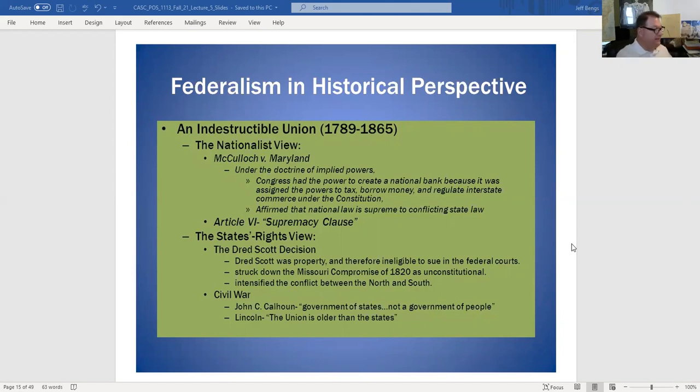Starting on page 76, the bottom section where a completely new section is beginning with national and state power over time.